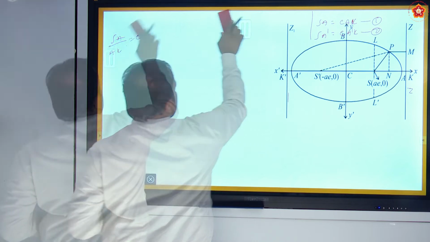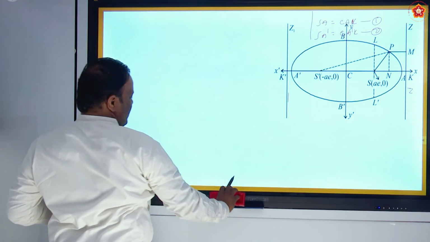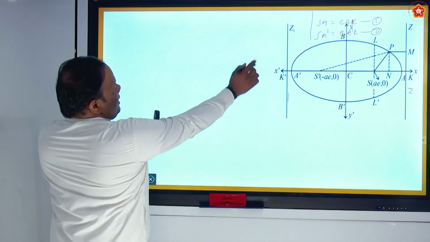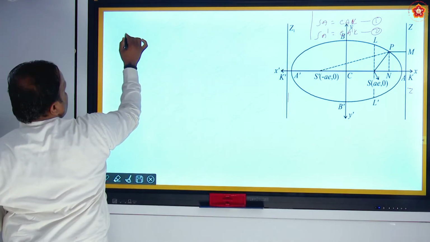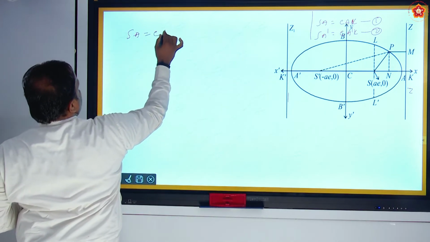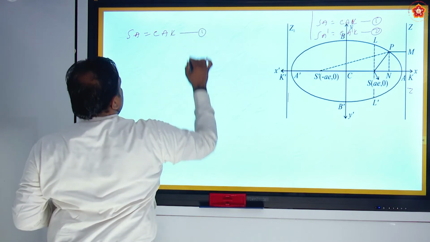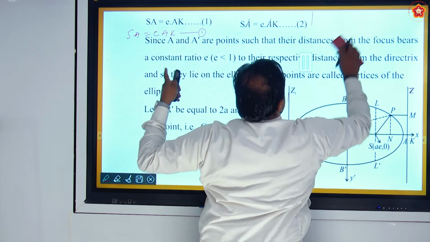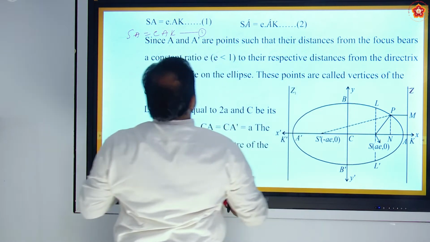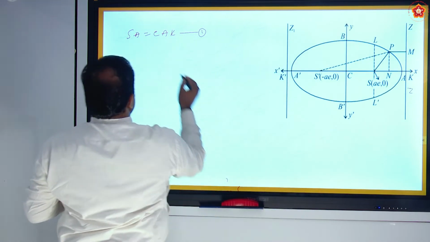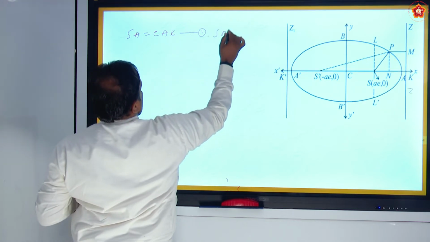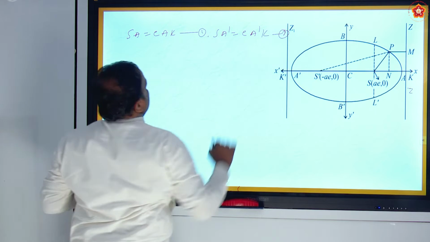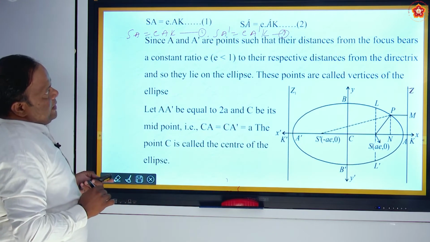Without the figure we can't derive the standard equation of the ellipse, because everything depends on this figure.